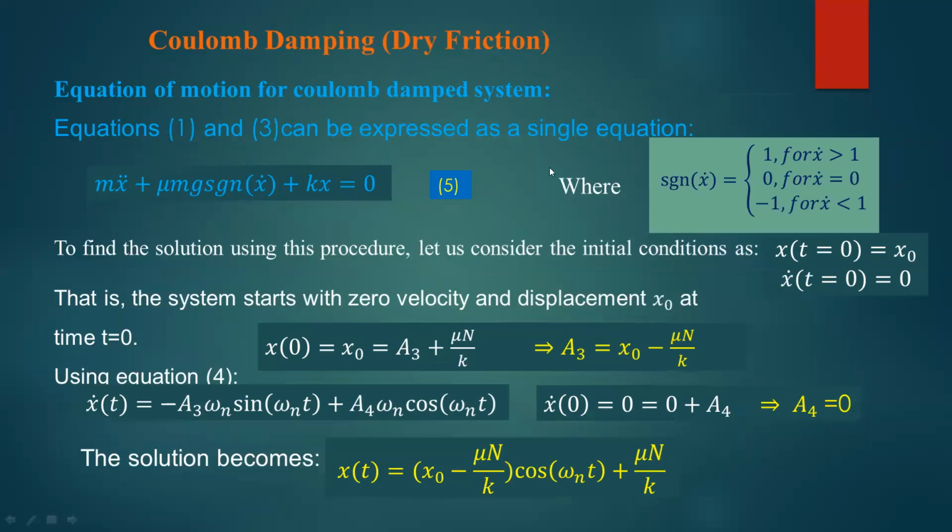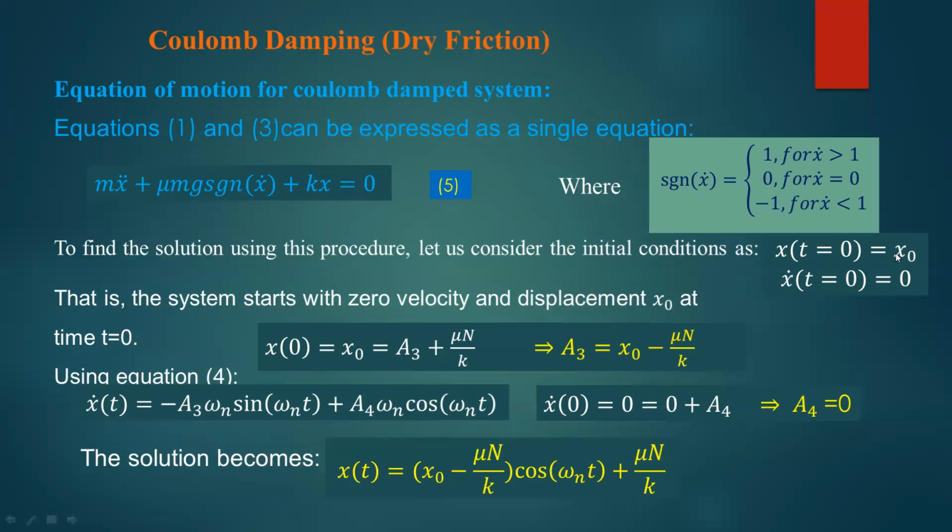So this is the function which relates such two various situations. So to find the solution using this procedure, let's consider some initial conditions. So the initial conditions: x of t at time t equal to 0 is equal to x naught. This is an assumption actually.